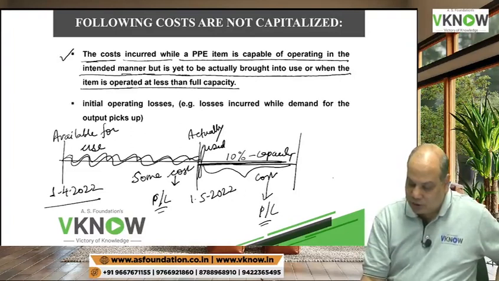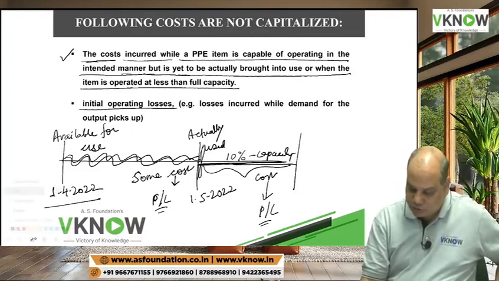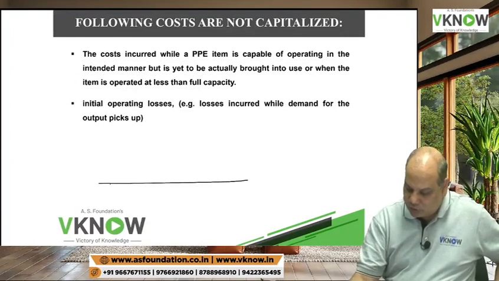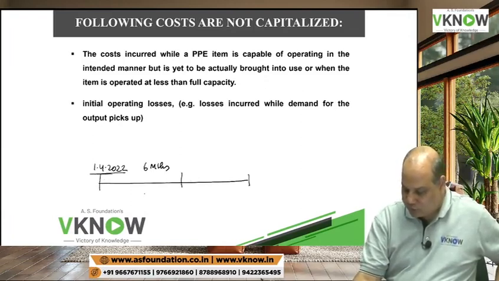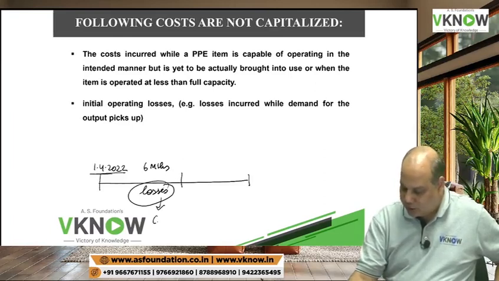Then next they are telling you initial operating losses. What is initial operating losses? We started a new factory. For first 6 months there were losses. Can these losses be capitalized?